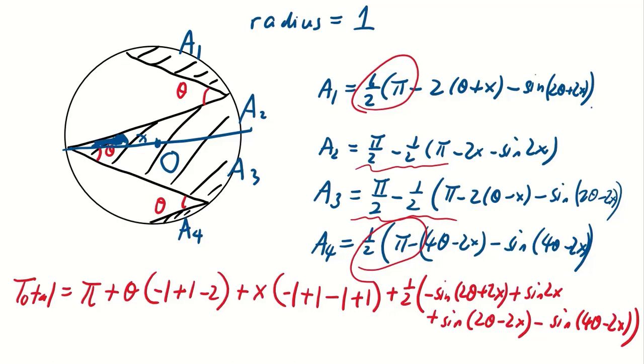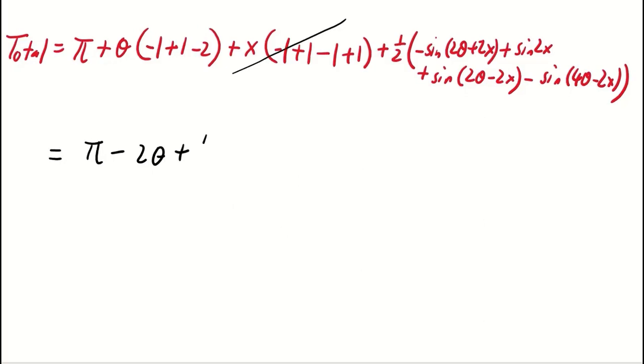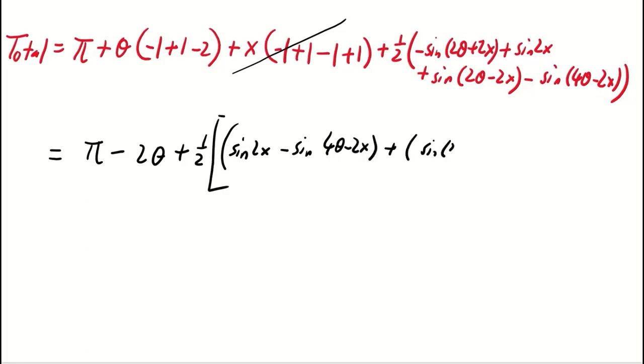Now let us focus on this calculation. So this actually means that it will be equal to pi minus 2 theta, and there's no more x. And finally, this will be equal to half sine 2x minus sine 4 theta minus 2x and sine 2 theta minus 2x minus sine 2 theta plus 2x.